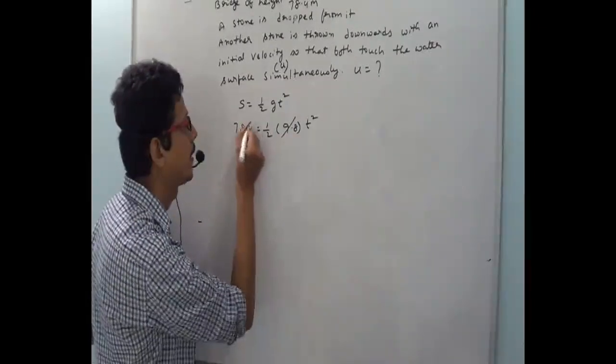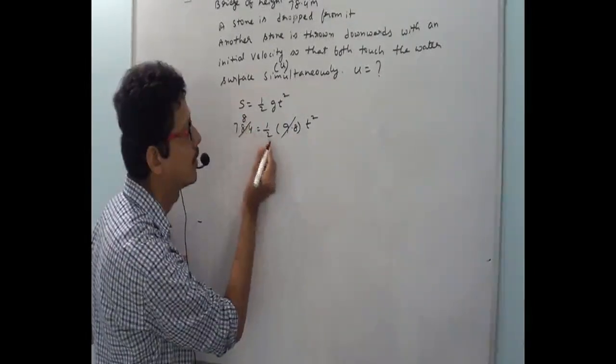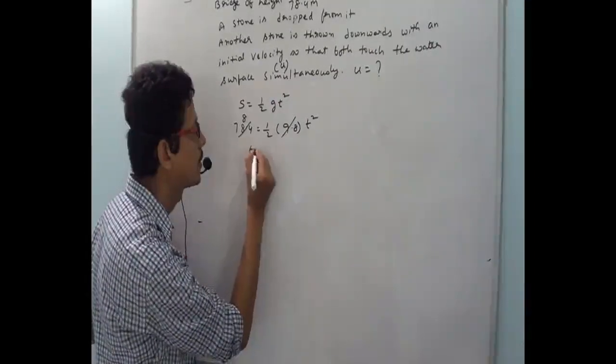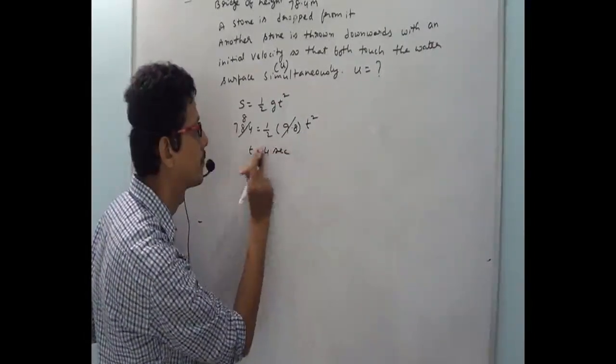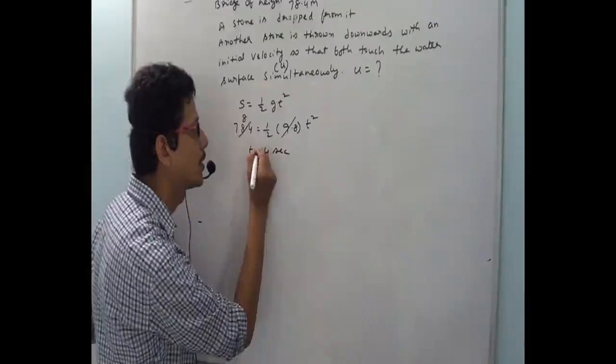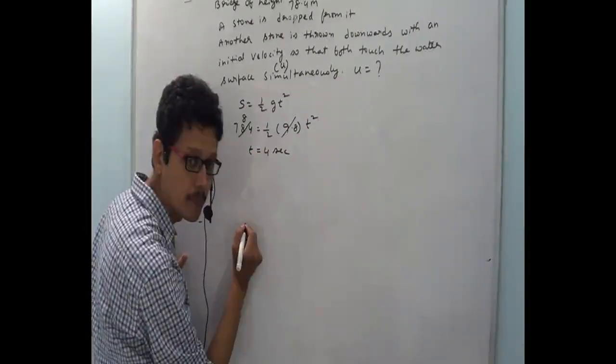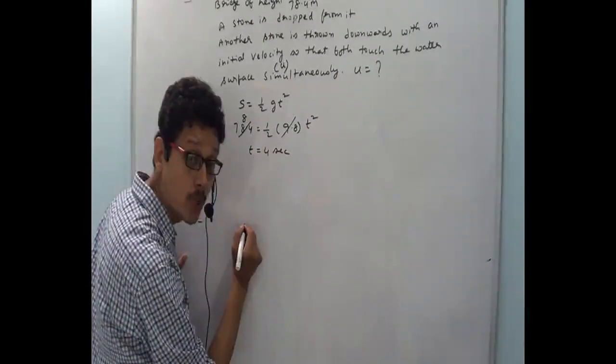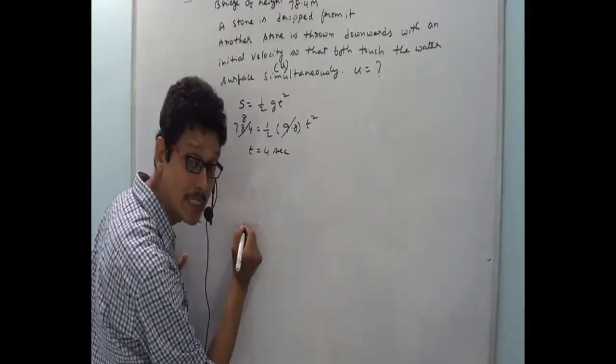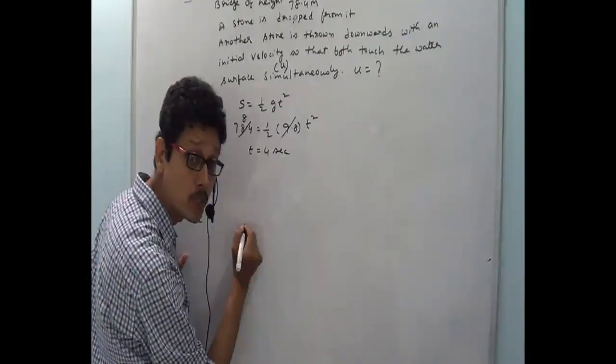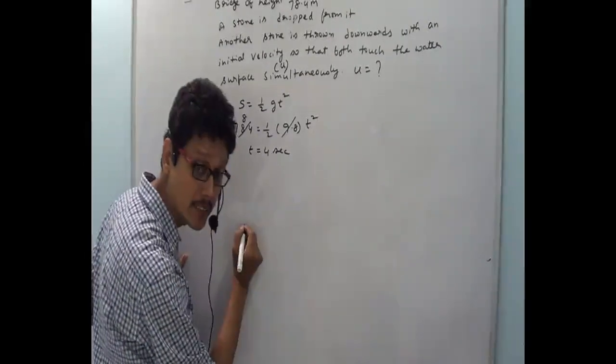So this goes 8 times and 8 to 16. T square is 16 means t is equal to 4 seconds, na? So after 4 seconds it is touching the water surface. And second stone also should touch the water surface simultaneously. That means second stone should travel a time of 3 seconds.